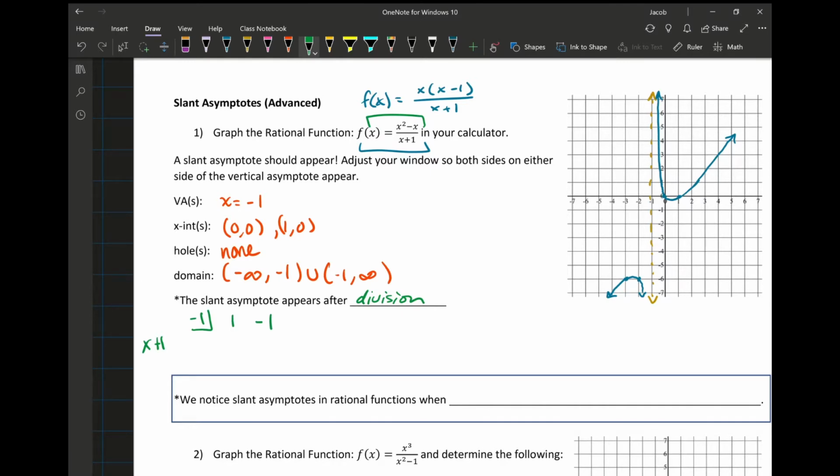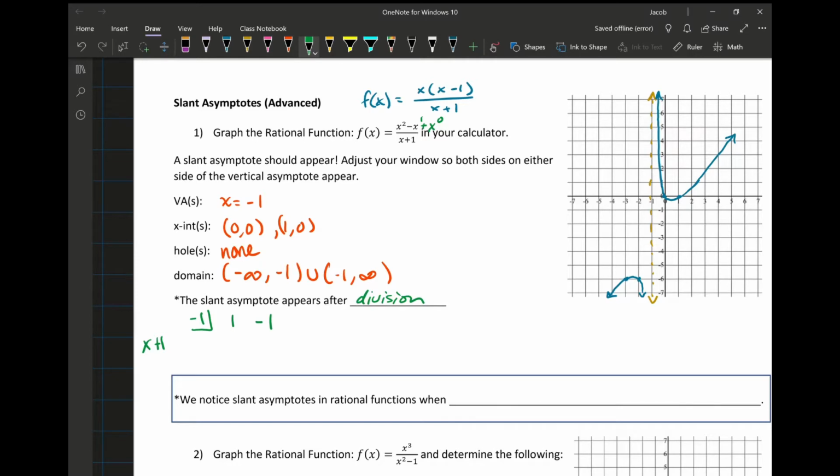And x squared minus x is the numerator, but what we might have missed from dividing is if we're given x squared minus x, then we know that there's a third term missing because there is an x to the 0 term, the constant term, that's missing.